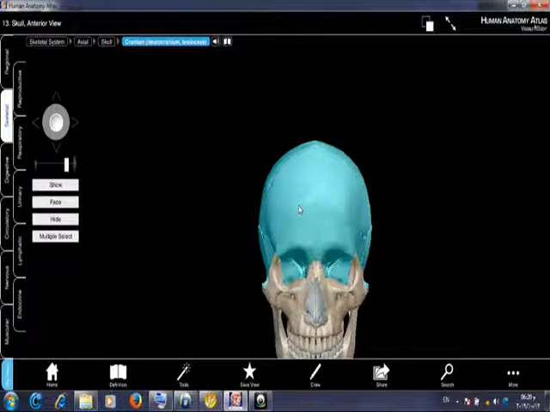So when the doctor asks you what the meaning of the skull is, you say all the bones that surround the brain and the face. When the doctor asks you the definition of cranium, you say the part of the skull that surrounds the brain only. So you're on the safe side.